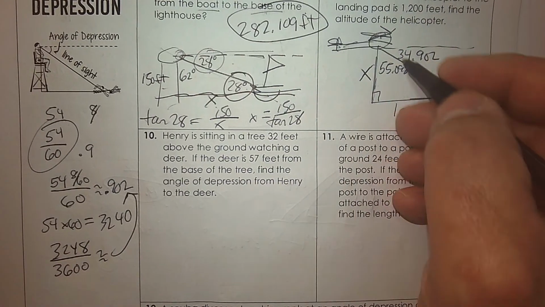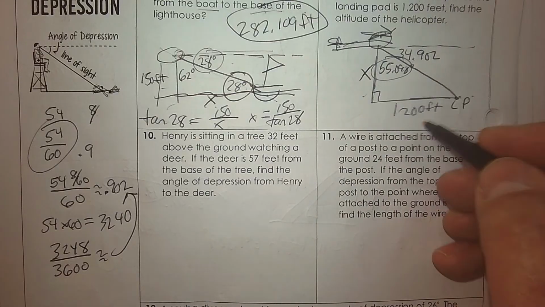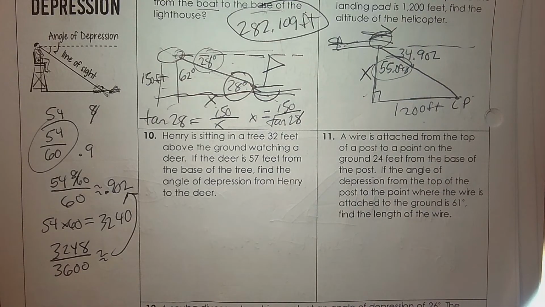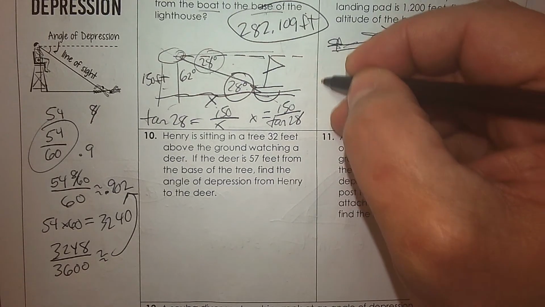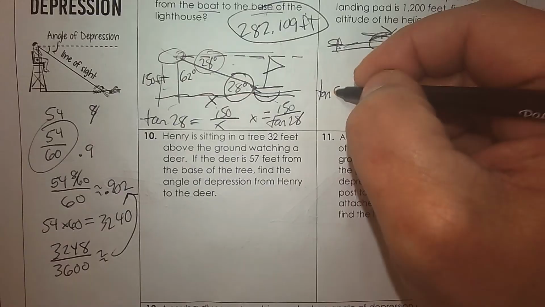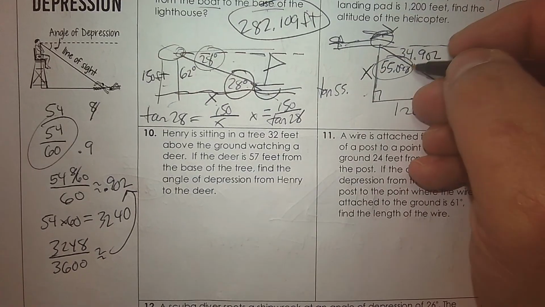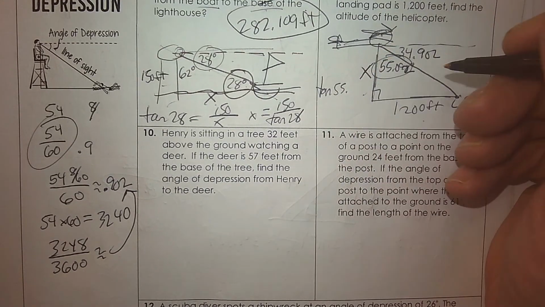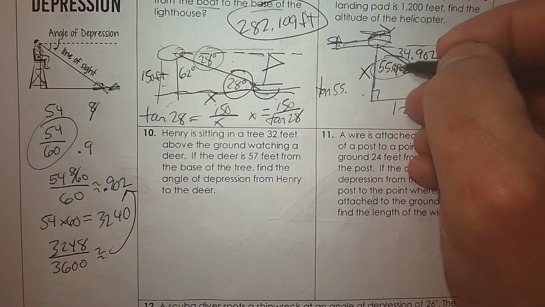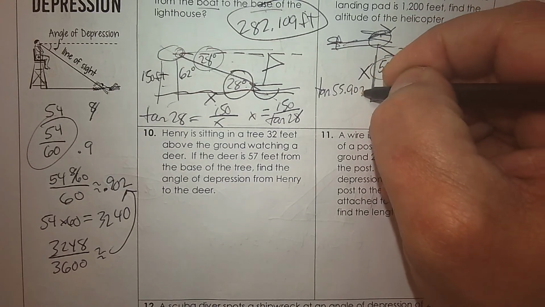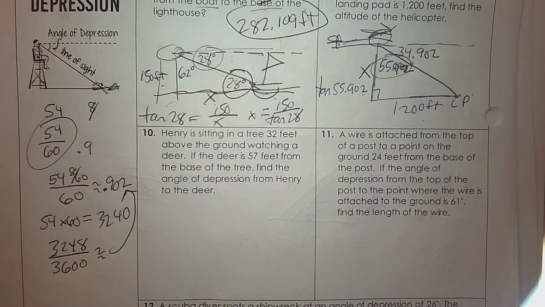Start with the angle. That's adjacent and opposite. That's tangent. So the tangent of 55.098.